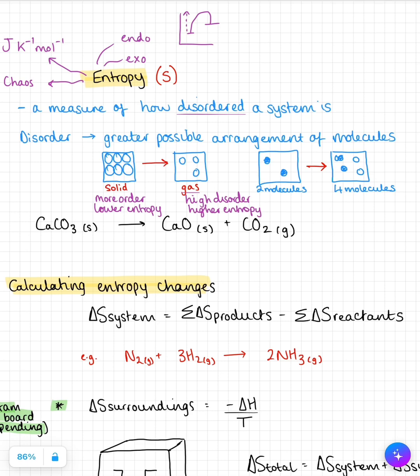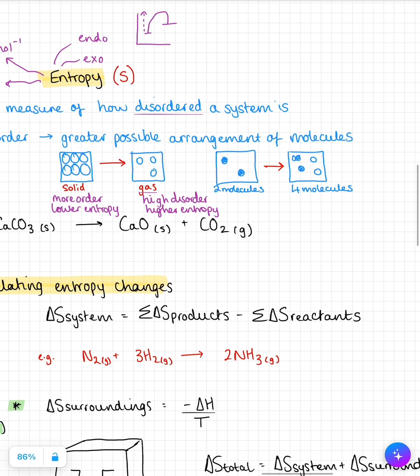So it's not just solids, liquids or gases that give us an idea of disorder, it's also the number of molecules. The more molecules we have in a particular system, the greater the possible arrangements. There are lots of different orders that these can go into, and more combinations that these molecules can move around in.